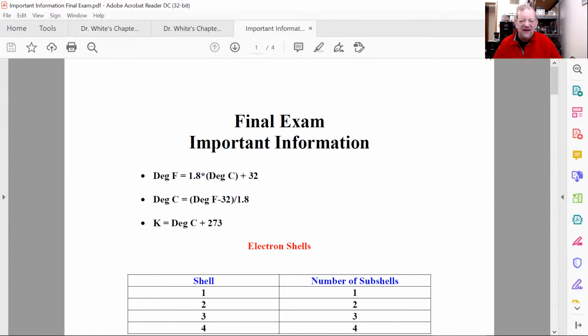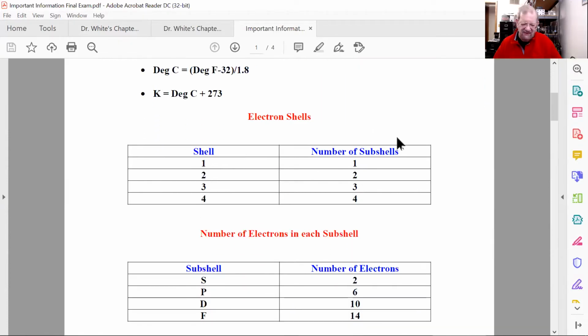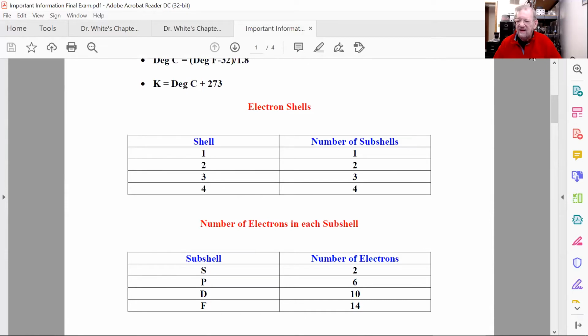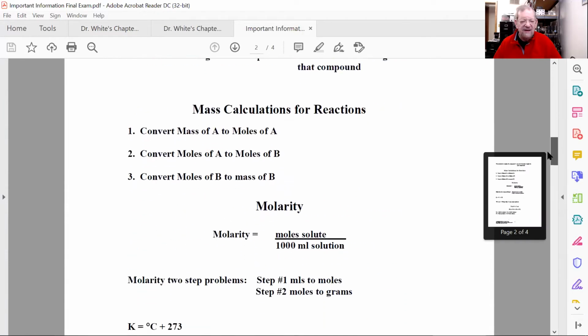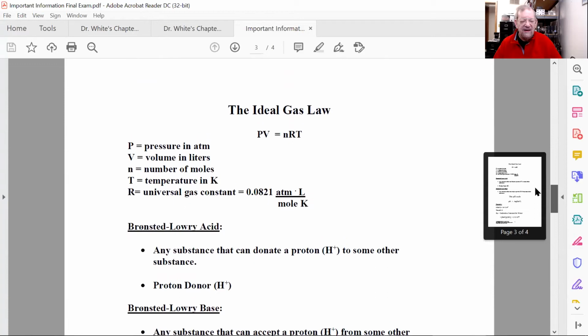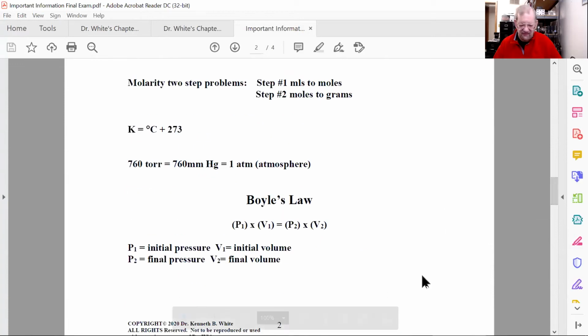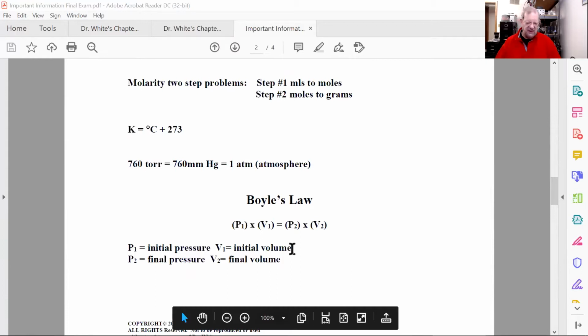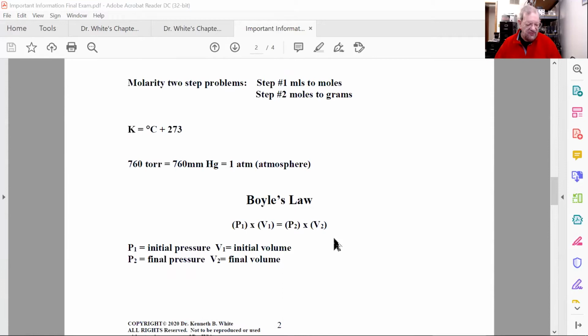Thank you. And if we scroll down, you'll see Boyle's law. And this will be given. P1 times V1 equals P2 times V2, where P1 is the initial pressure, V1 is initial volume, P2 is final pressure, V2 final volume.